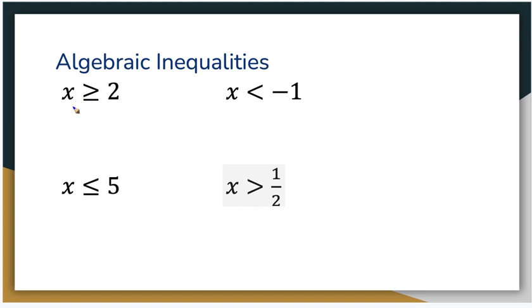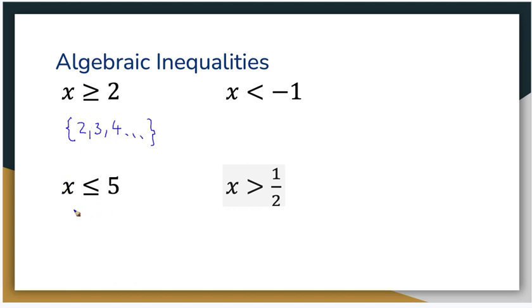If x is an integer, then the possibilities could be 2, 3, 4, and so on. When we have greater than or equal, then 2 is also included.